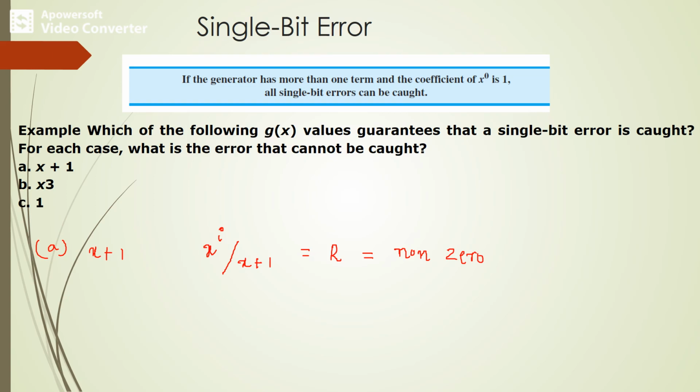Therefore, if the generator function g of x is equal to x plus 1, it can be used to identify any single bit error. Next we will take case 2.